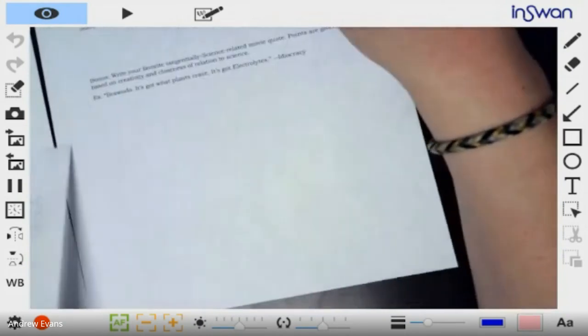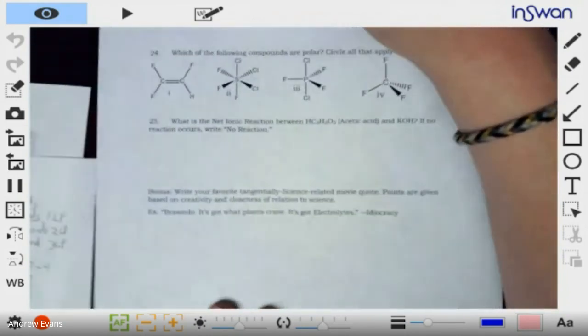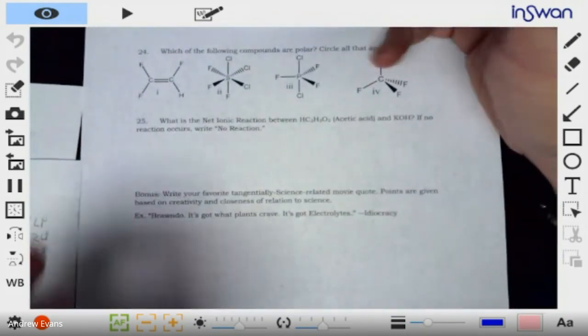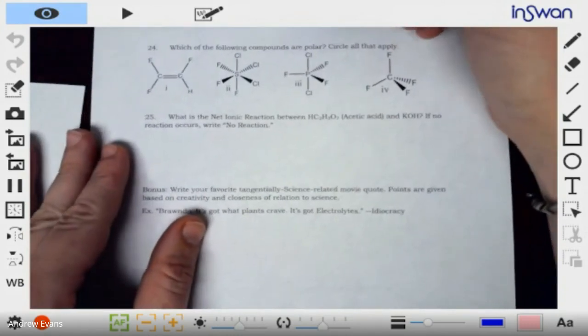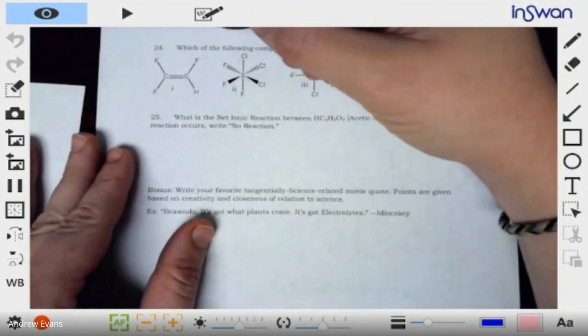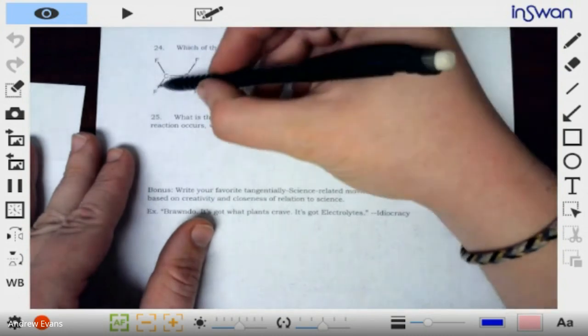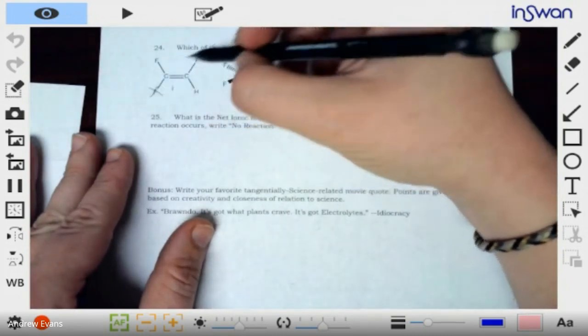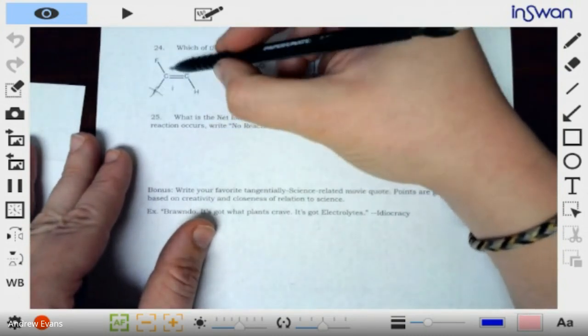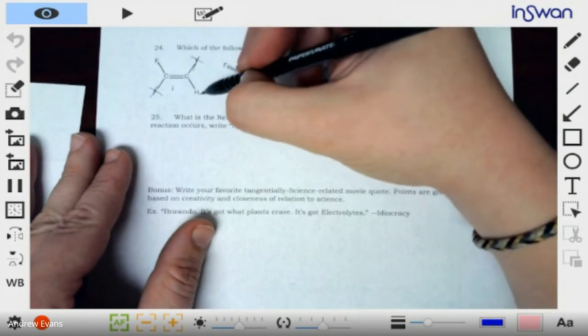Last page. Last two problems, in fact. Which of the following compounds are polar? Circle all that applies. So remember, equal and opposite cancel out. So this fluorine and this fluorine cancel out. But do this fluorine and this hydrogen cancel out?